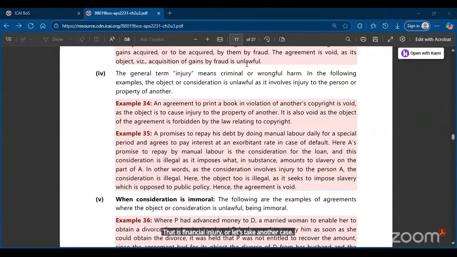Or let's take another case, where our friend Ramani writes a book. Ramani gets her rank in CA Foundation and she writes a book, How to Crack Your Accounts Exam in 30 Days. She gives all the nice tips, tricks, how she learned all the chapters, giving sums.